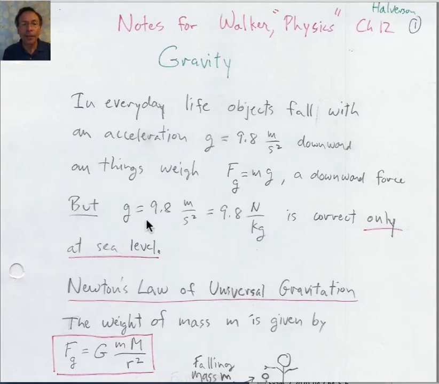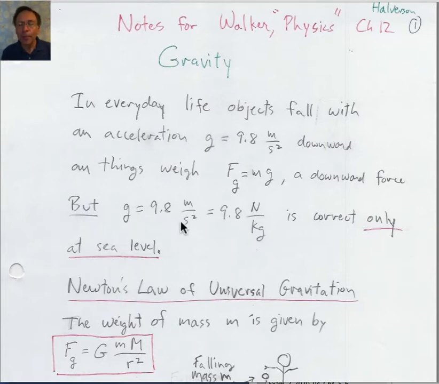It also gets used this way, where if I have a 1 kilogram, the weight of that 1 kilogram will be g times the mass, the 1 kilogram, and that gives us 9.8 newtons. So anyway, you're familiar with that.